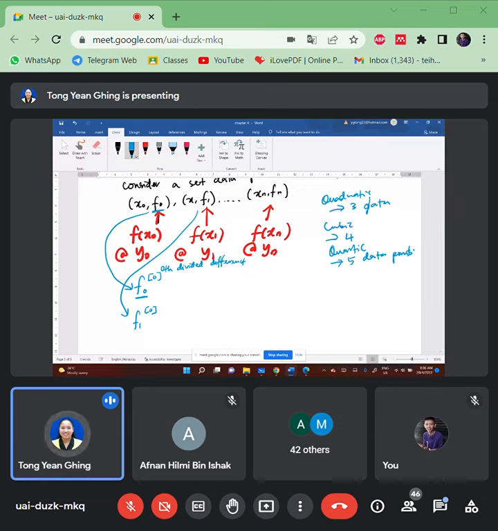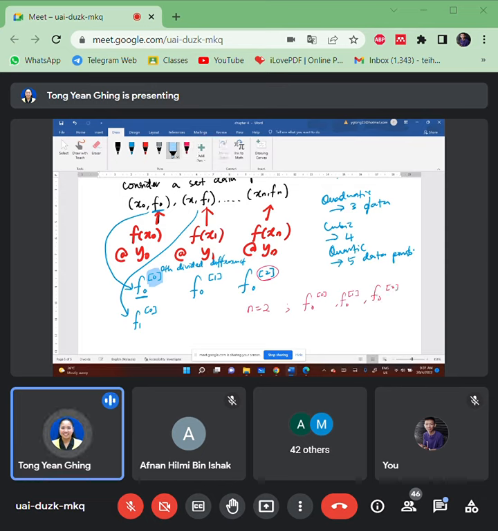Whether this is f naught 0, f naught 1 or f naught 2, how many degrees of the divided difference depends on this n. Can you understand? If we have many data points, say n is 2, then we have to find f naught 0, f naught 1, f naught 2.